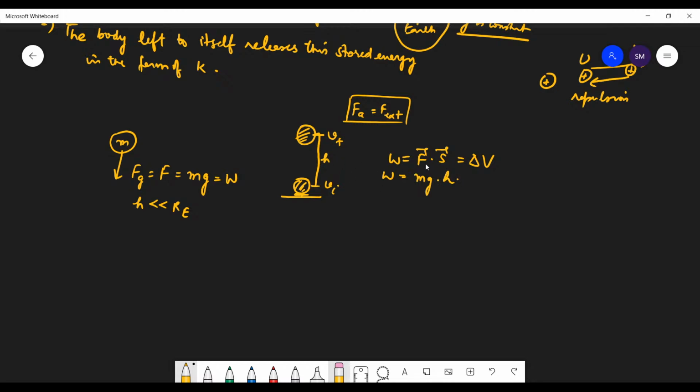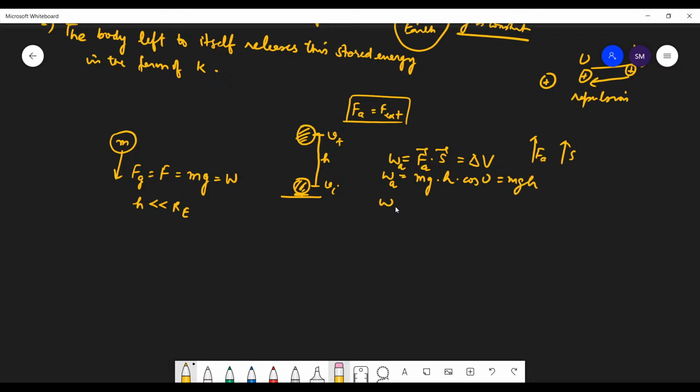This is the work done by the applied force, WA, that is mg. Now the applied force was in upward direction and displacement was also upward, that is h, so the angle gives cos 0. So that is equal to mgh.